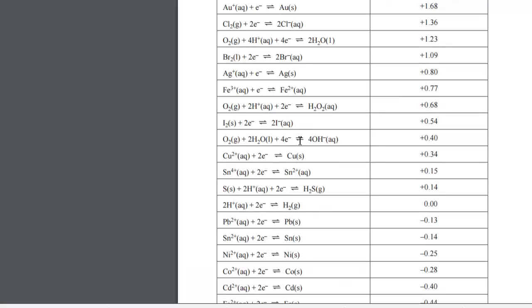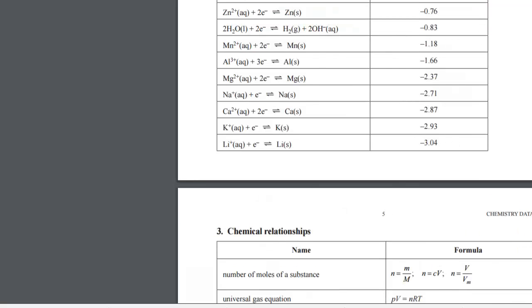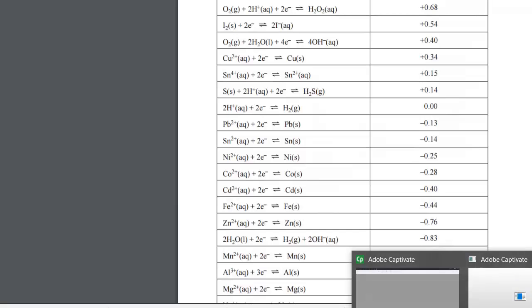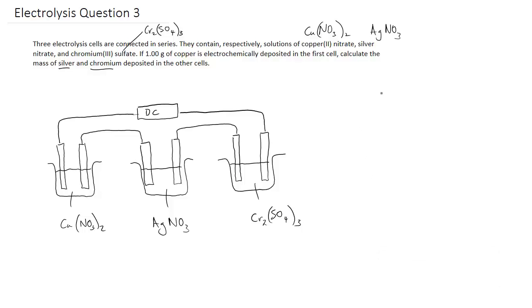And then we have chromium. You might recognize that chromium, I don't even think it's on this list. No, it's one of those difficult ones that are not on the list. It is a metal, a transition metal, but it's not on the list. So I'm going to go back to our tutorial and list the ones that we currently have.